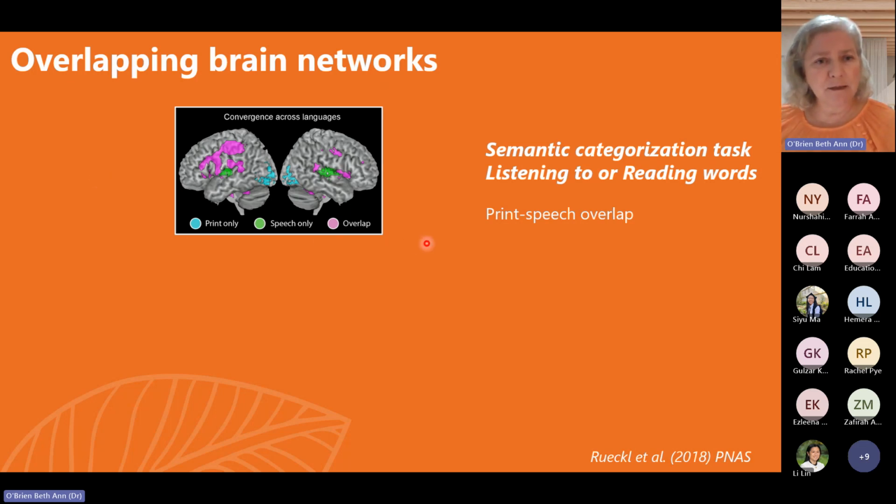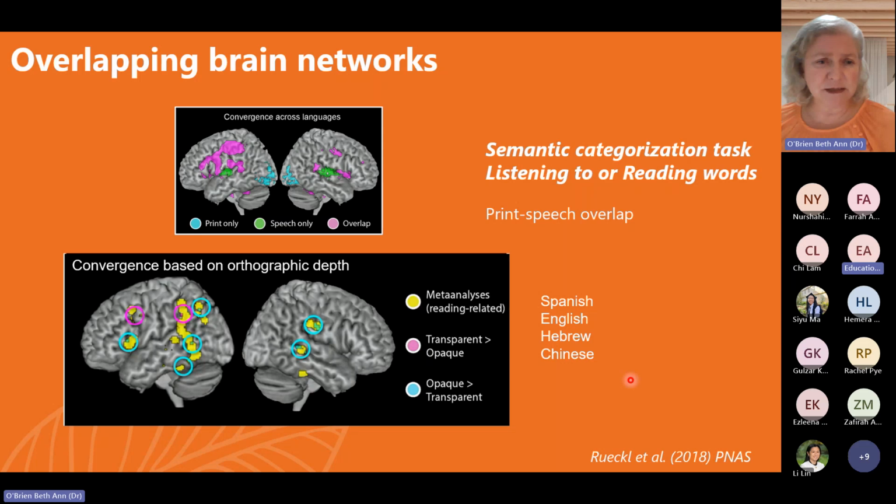And so in the slide that I showed you before, they did find that there's a great deal of overlap in terms of both listening and reading words. However, in the same study, they looked at different languages, so they found overlap across languages. But then they also did find some variation within languages.